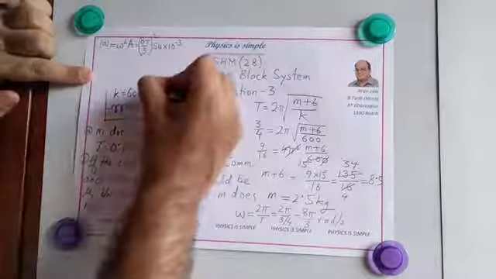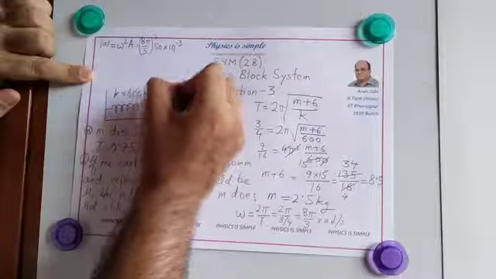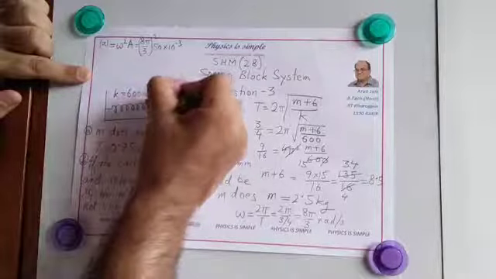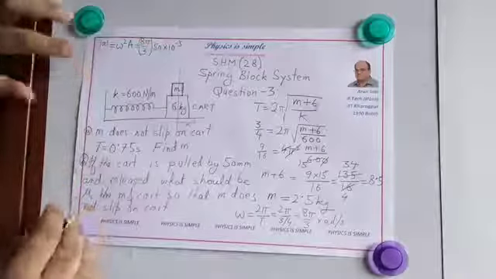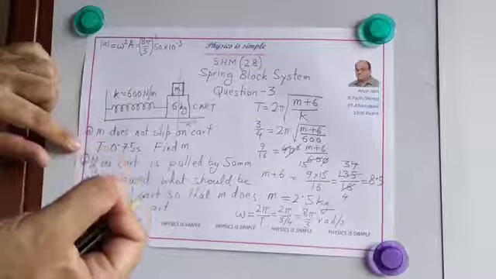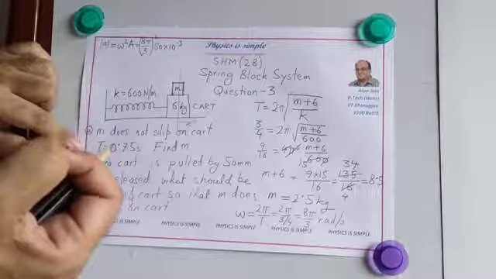Now therefore, this is the maximum acceleration that these blocks will have. So this m also has to have this maximum acceleration. And this acceleration it is getting because of the frictional force.